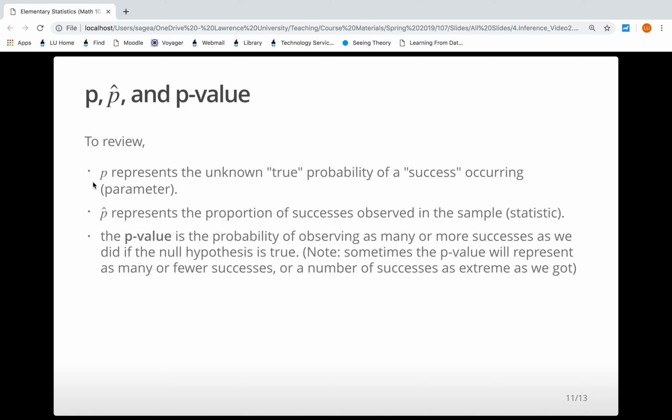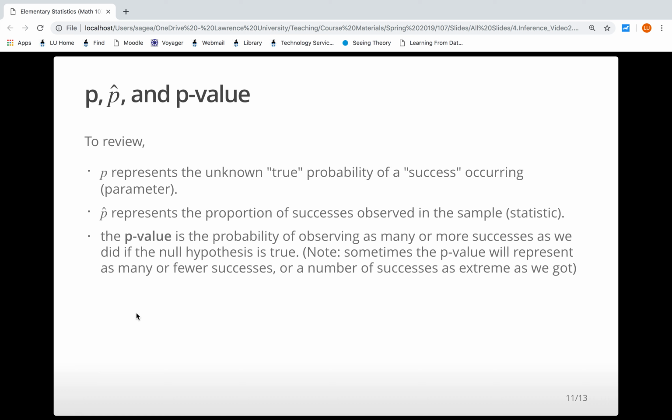In this situation, the long-run proportion of the time that the dolphins would press the correct button. P hat represents the proportion of successes in our sample, in this case 15 out of 16. The p-value represents the probability of observing as many or more successes as we did if the null hypothesis is true. Right now, we perform a simulation to determine the p-value.